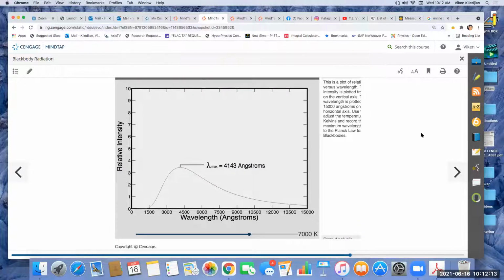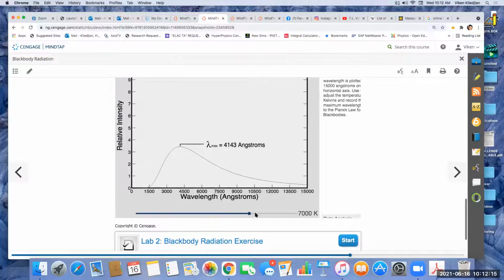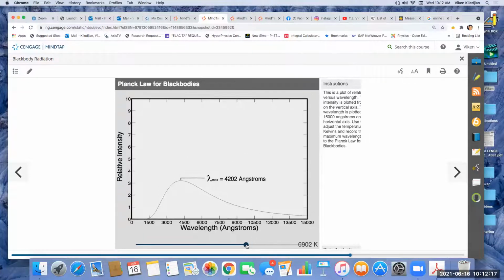So what could we do here? We could change the blackbody spectrum here. Something like our sun, for example, is 5,800 Kelvin. That's roughly the temperature of our sun. Its peak wavelength is going to be 4,987 angstroms.